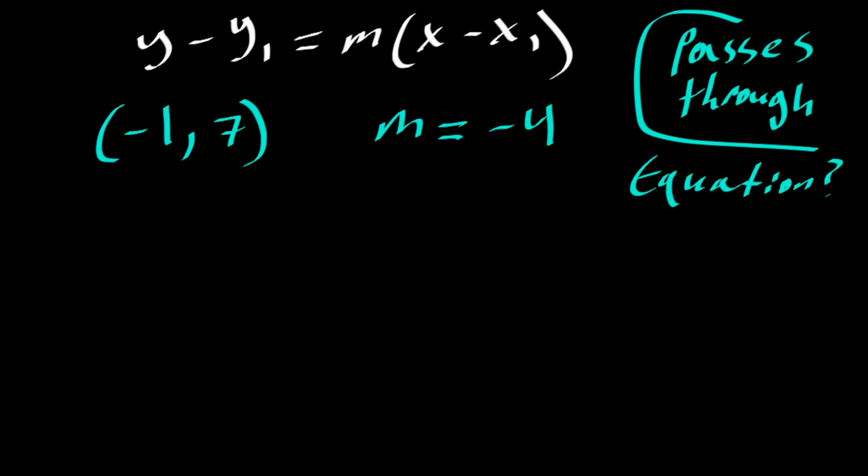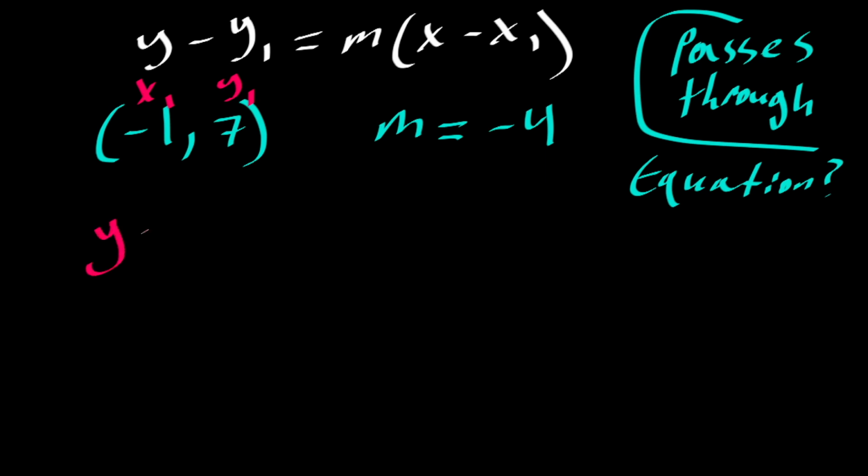The first thing I would do if I were you is label your ordered pair x1, y1. We know an ordered pair is an x and a y, so all we have to do is make the added effort of saying this is x1 and this is y1. Now we just substitute and simplify.